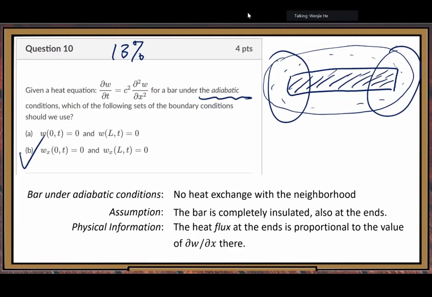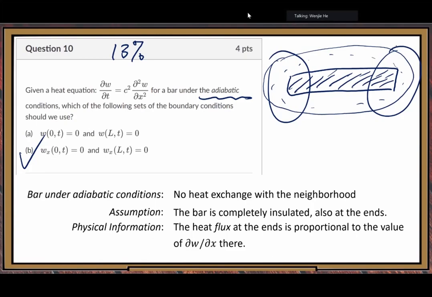Then, no heat exchange means the partial derivative value at the two ends must be zero, right? Yeah, that's the meaning. So the partial derivative is to be zero at the ends, not the function values to be zero at the ends.